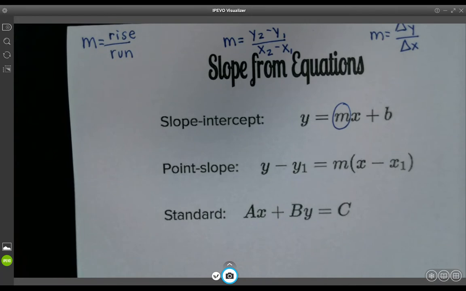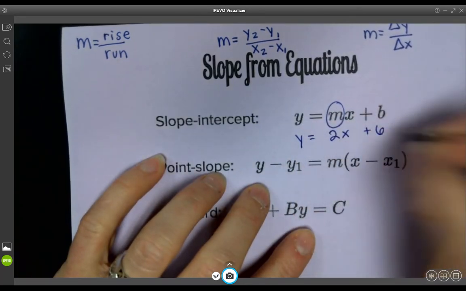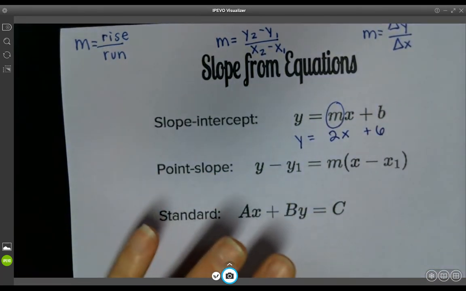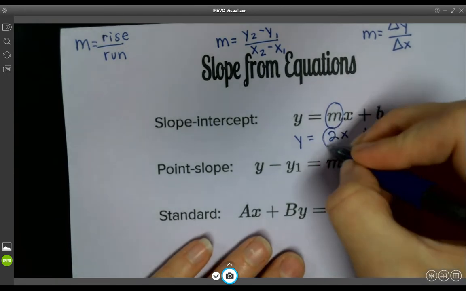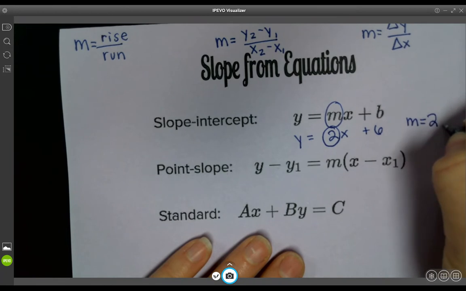So let's say we have an example. If it's y equals 2x plus 6, then all we would need to do is circle the number in front of x and just m equals 2.